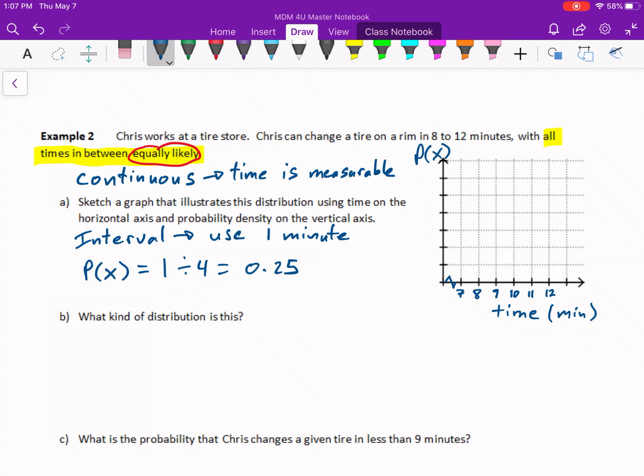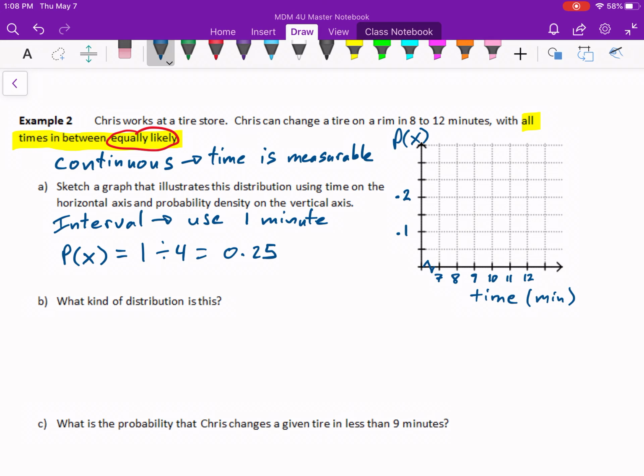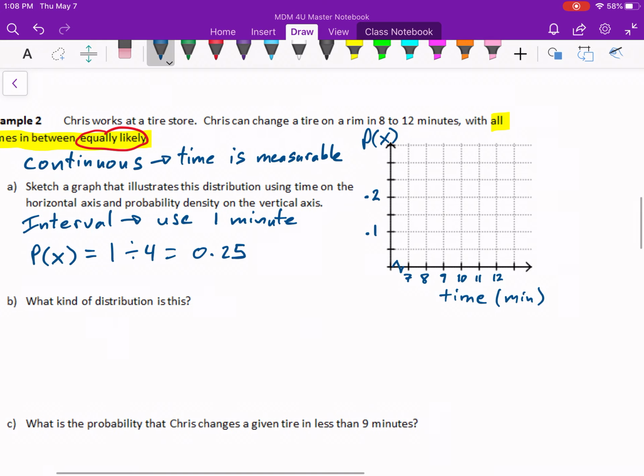The highest probability is going to go up to 25%. So again, let's just put my scale like this. That'll work. The lowest time is 8 minutes, so I can ignore that 7 that I've already put there. You can't have a tire change in less than 8 minutes from what we've been told.